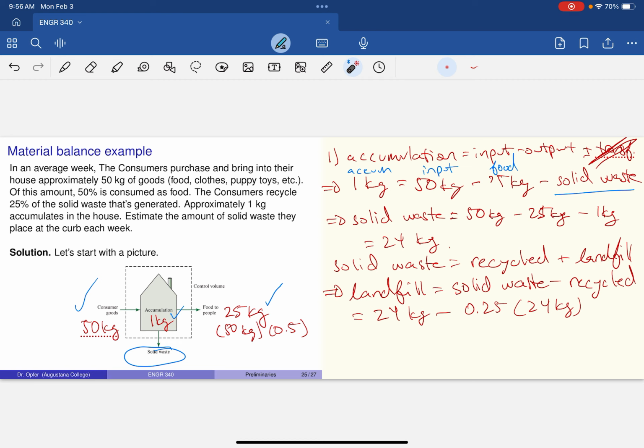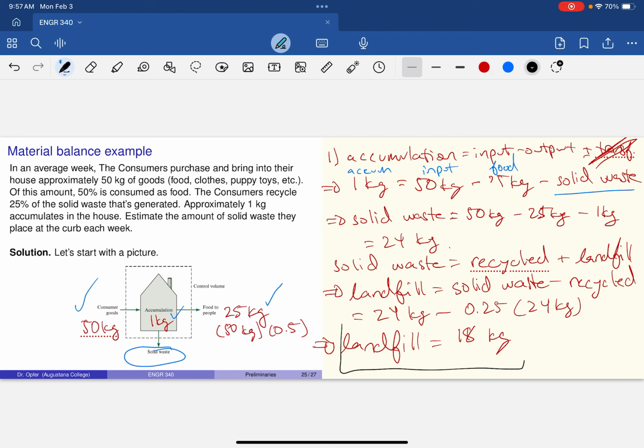All right, so what that means is the amount that's going to the landfill equals 18 kilograms. Okay, this is our final answer.